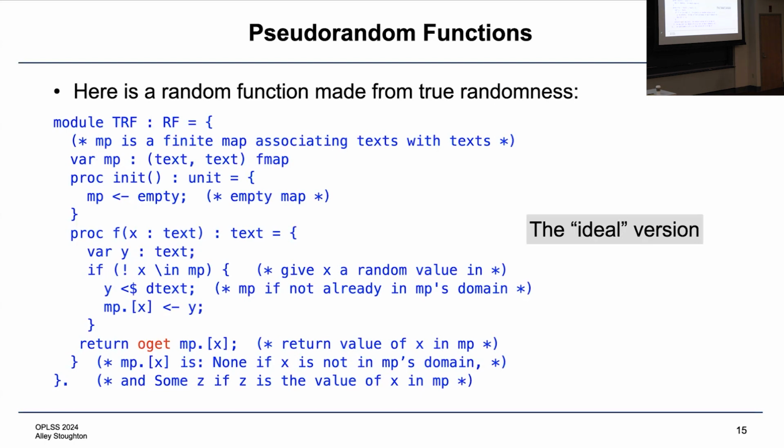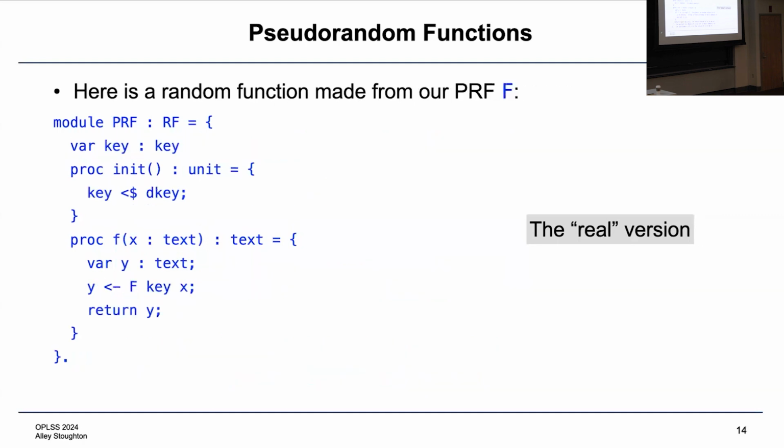Okay, so in the one it's giving a random text value, basically sampled from all the possible text values. Yes. And the other one is taking one of the keys and transforming it somehow into one of the text values. Yes, that's right. So in the PRF here, the PRF key is picked up front.